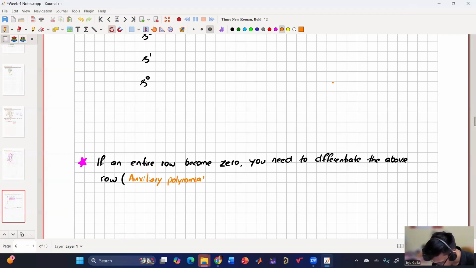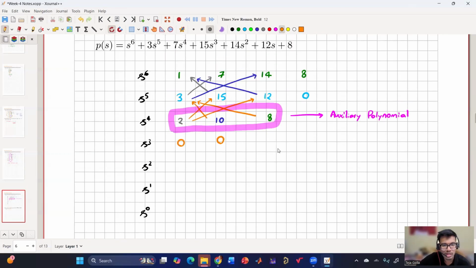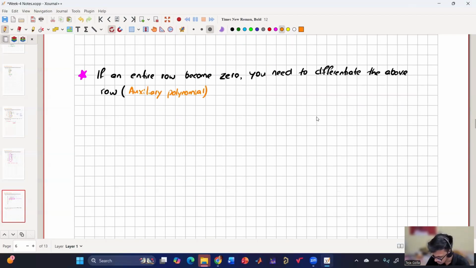Basically in this problem, the auxiliary polynomial that we got is 2 into s to the power 4 plus 10 into s square plus 8 equals 0, right?